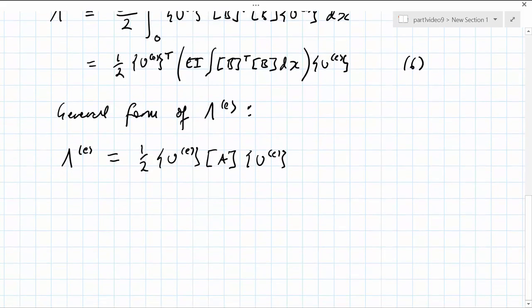And it was shown that the matrix A is in fact the element stiffness matrix.